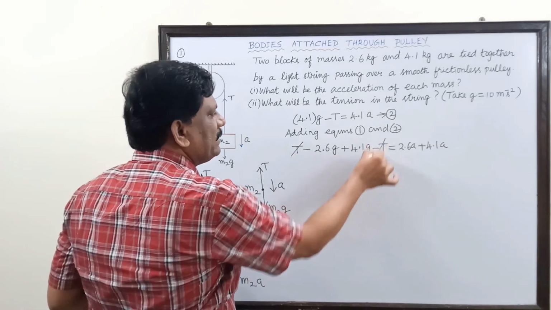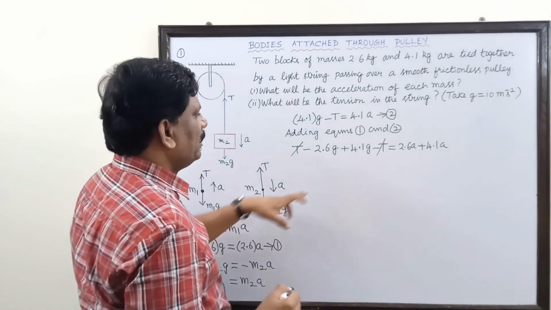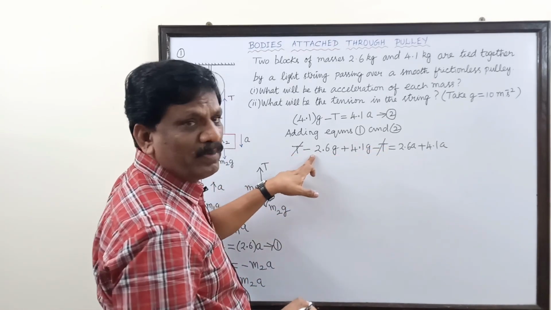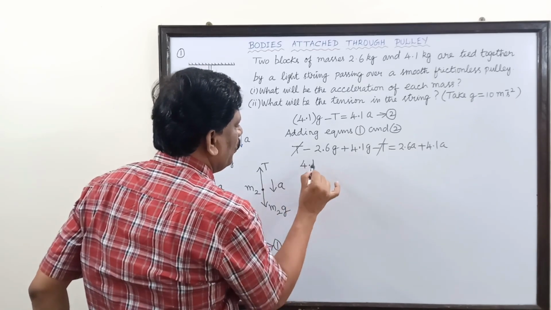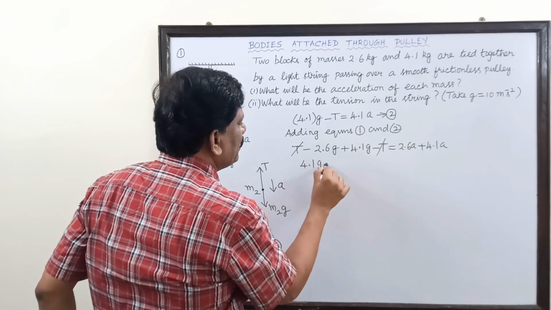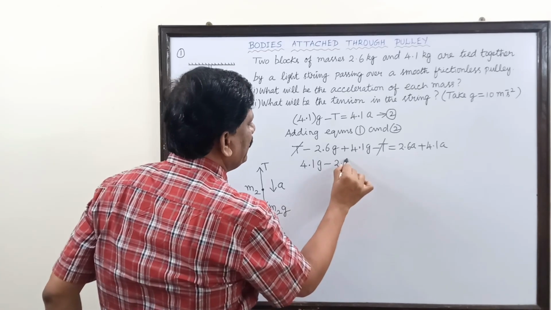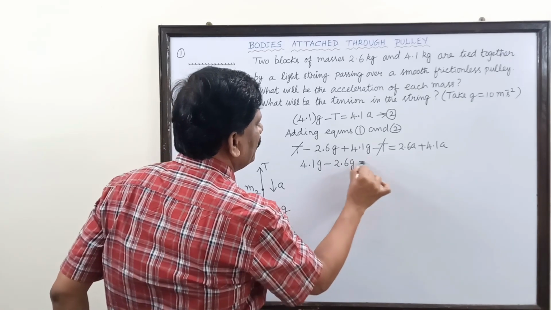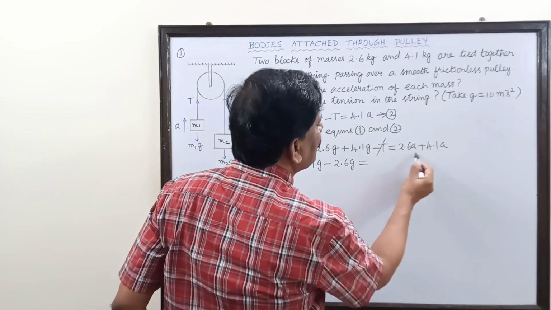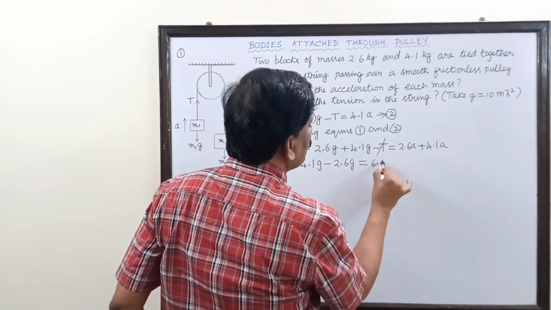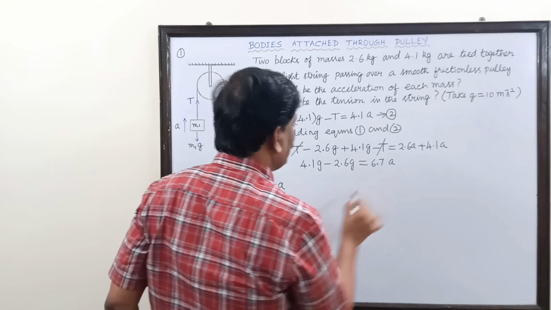Now T minus T get cancelled, and 4.1 g minus 2.6 g is equal to 2.6 plus 4.1, which is 6.7, so 6.7 a.